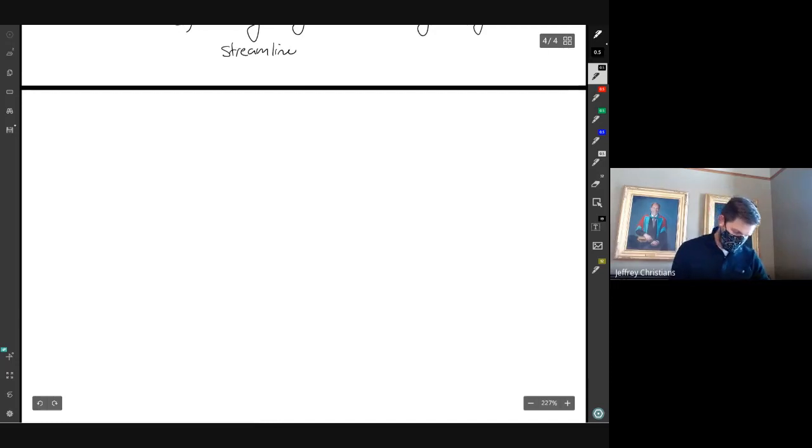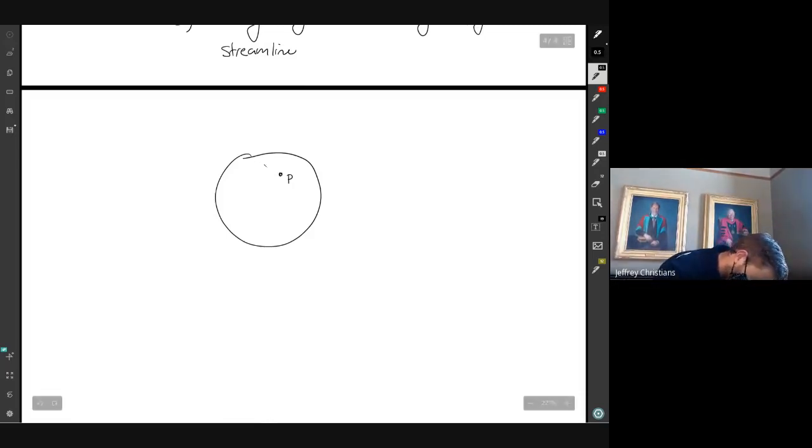So we have P. So P is, right, that would be the velocity vector. We would draw a line tangent to that. And then say over here, we have a new point.